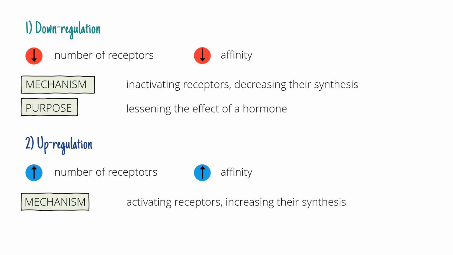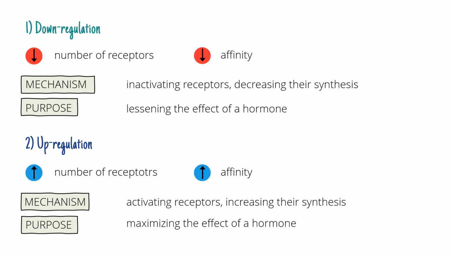For example, there's an upregulation of oxytocin receptors during pregnancy, and we already understand why. Because oxytocin will stimulate contractions, and to reach its maximum effect, we need as many receptors as possible.